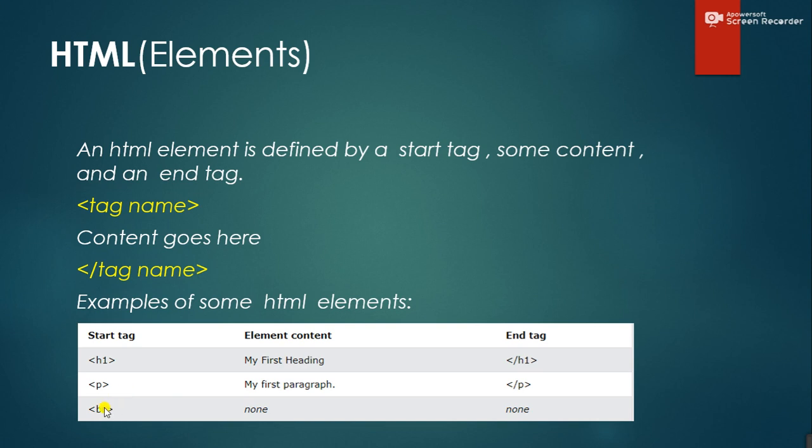And another tag is br that has no content and no end tag. So, seeing this, we can classify HTML elements or tags into two types. One type is that in which a start tag, element content, and end tag are present, and some tags have only a starting tag, no content, no end tag.